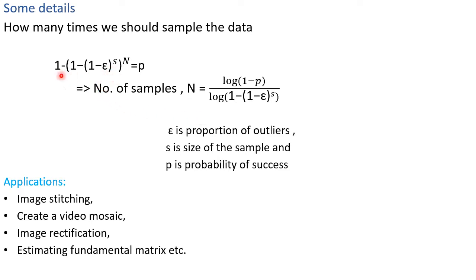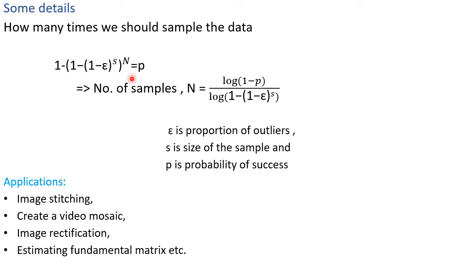We can understand this formula in this way. Epsilon is the proportion of outliers, so 1 minus epsilon is the proportion of inliers, or the probability of a point being an inlier. (1 minus epsilon) to the power s is the probability that all points in a sample will be inliers. 1 minus that is the probability that there will be at least one outlier point, so 1 minus (1 minus epsilon) to the power s is the probability that a sample will be contaminated.